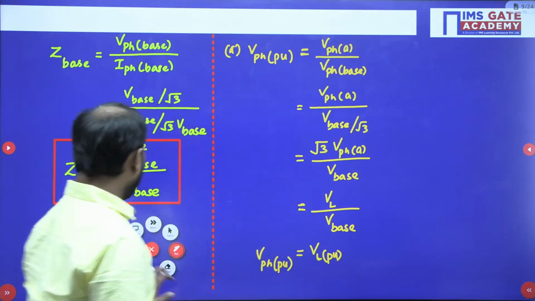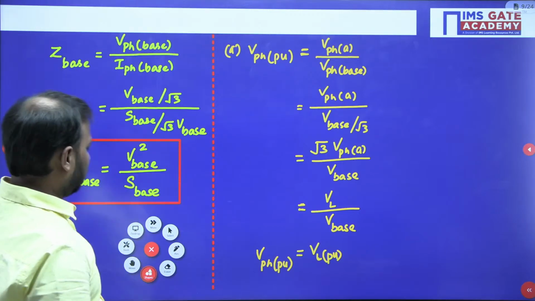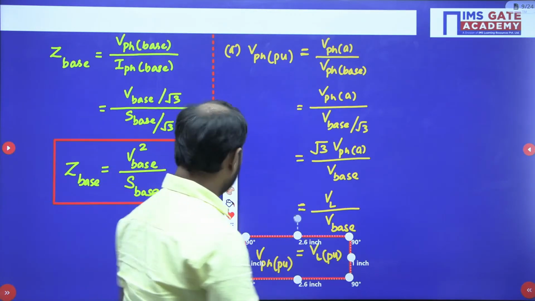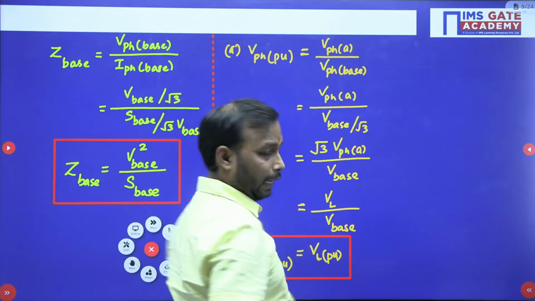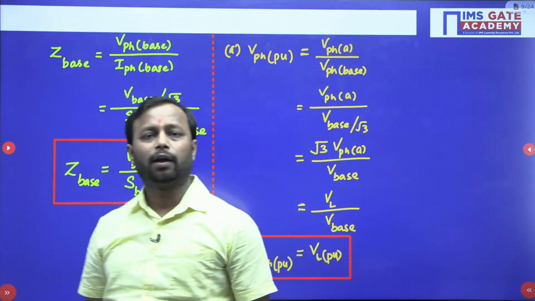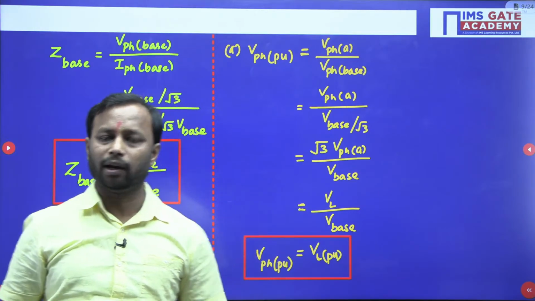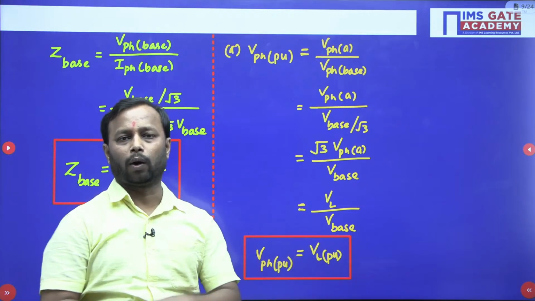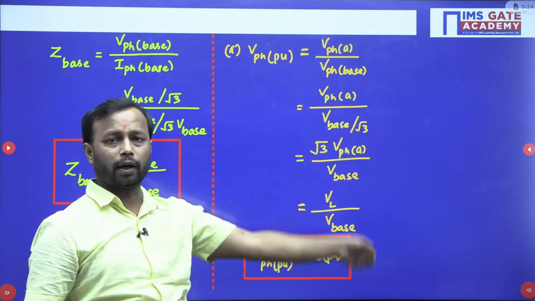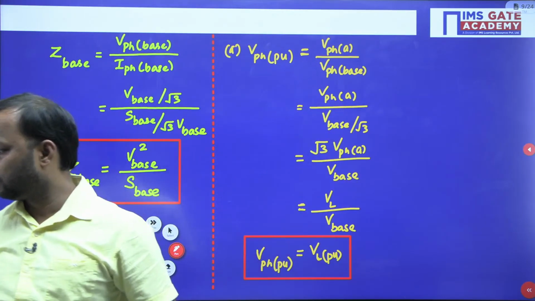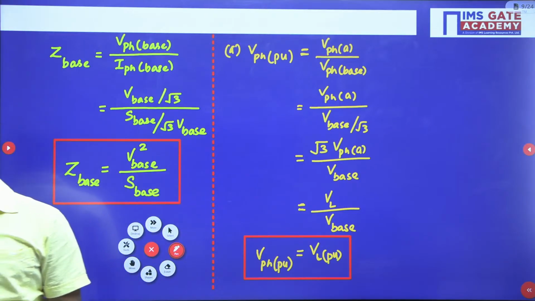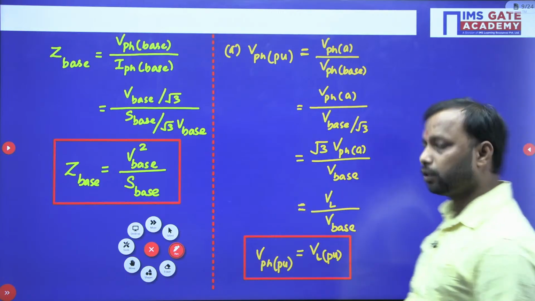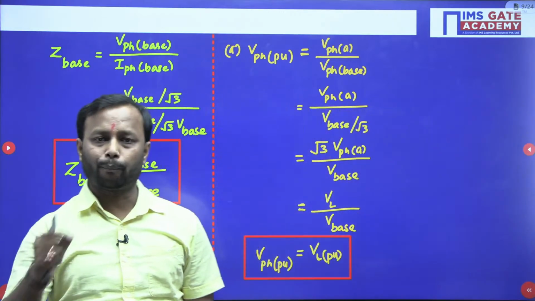So very important observation: there is no difference in the line and the phase if you are going to take the per unit values, because those quantities are equal. Right? We have just now proved it here. Any doubt? So this is the advantage of the per unit system.